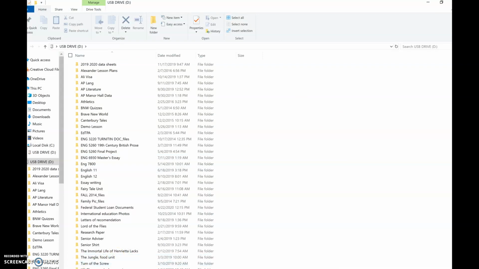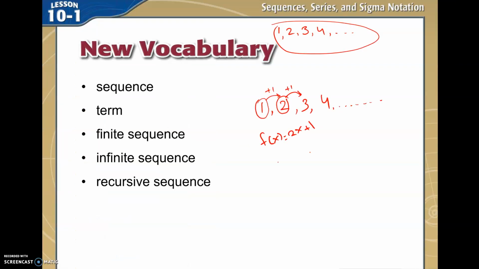Wait, I was talking about the recursive sequence. When you have one kind of formula and you keep getting a sequence that is not stopping, that is called a recursive sequence. One formula you use to generate a sequence is called a recursive sequence. Clear?